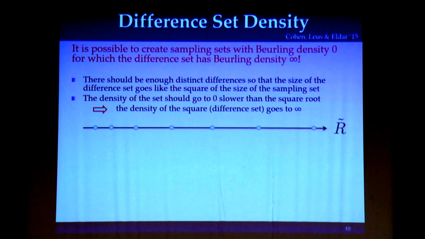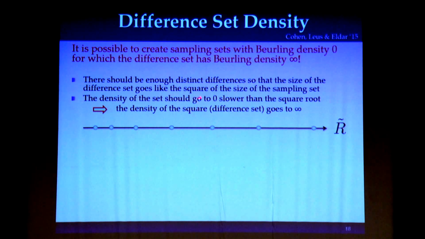So what's happening here? What we're saying is that even if we take a sampling set with Beurling density 0, which means average sampling rate 0, the difference set can be a lot more dense. And what's important to us is the density of the difference set and not the density of the sampling set, because we're interested in the covariance.